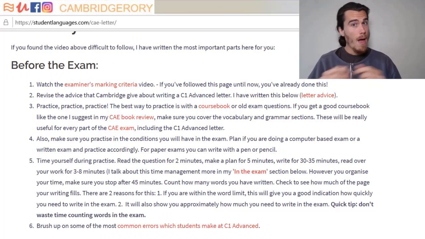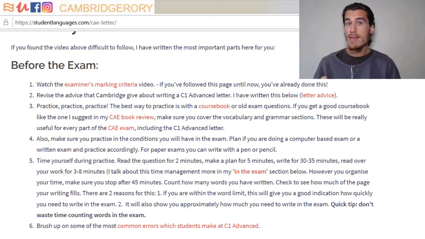Whether it's a letter, a proposal, a report, etc., the criteria they use is the same. So watch that video and understand it, because if you understand what the examiners want to see and how they mark your writing, you will be able to get better marks in the exam, because you will be able to tick those boxes for what the examiners are looking for.